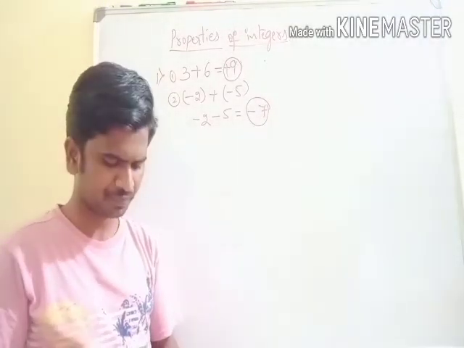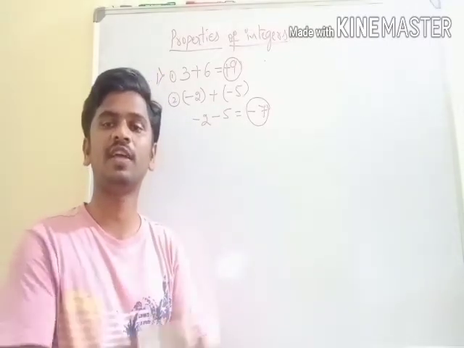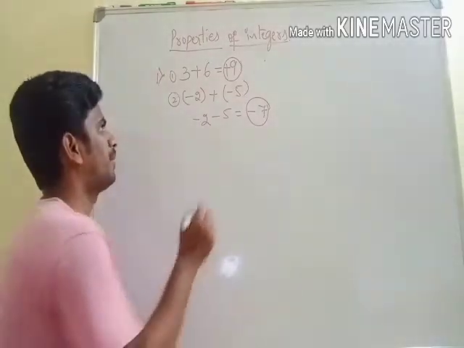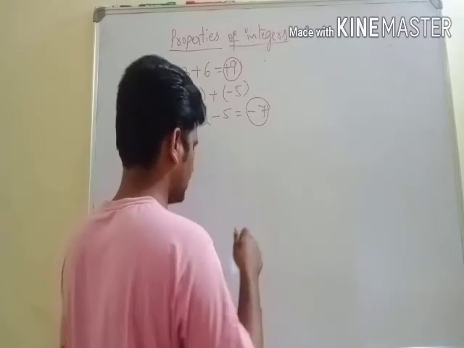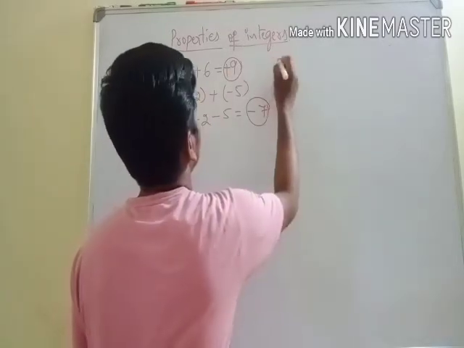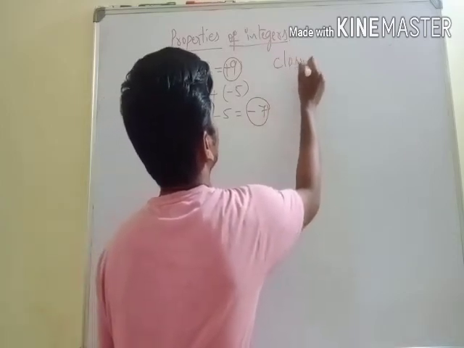It means if you consider any two integers, and their sum is also an integer, then we call this property closure property.